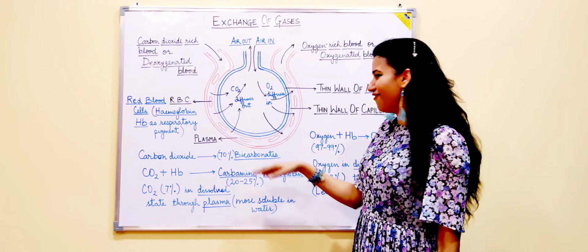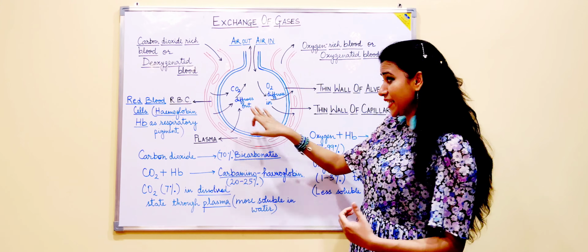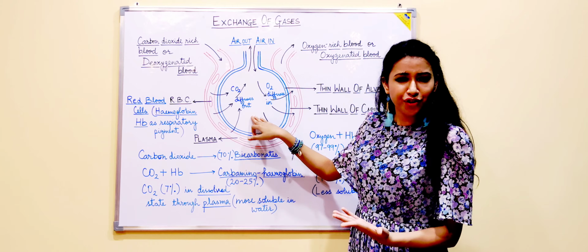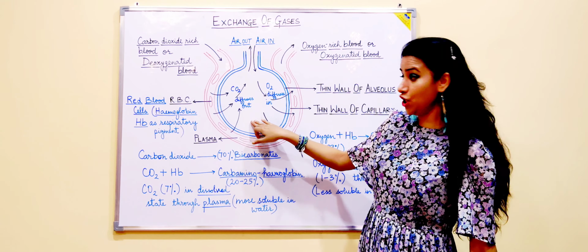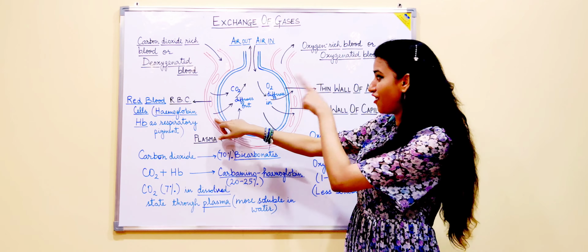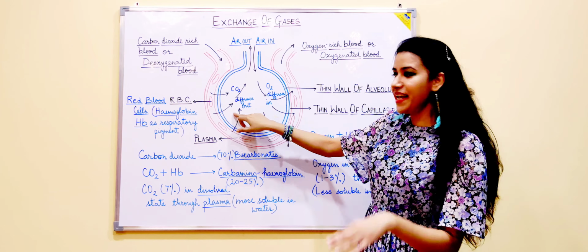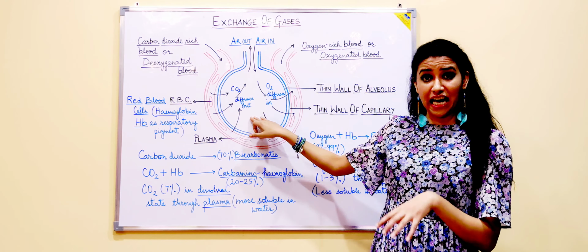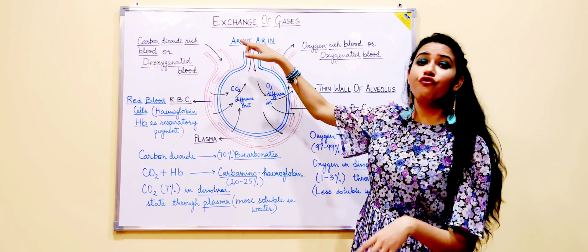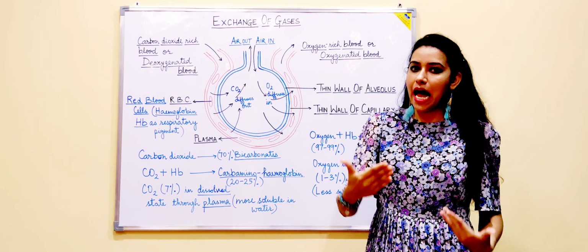Obviously from this blood capillary, because the carbon dioxide is more in it as compared to the concentration of carbon dioxide inside the alveolus. So carbon dioxide, being more in the blood capillary surrounding the alveolus, would diffuse out from the capillary and enter inside the alveolus and will move out. This is how you exhale carbon dioxide.